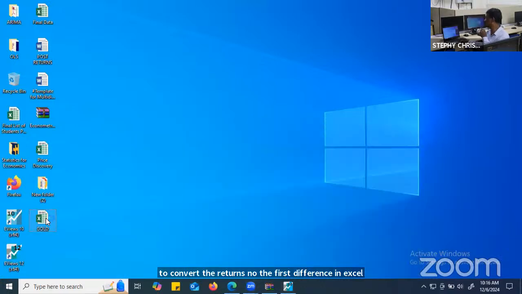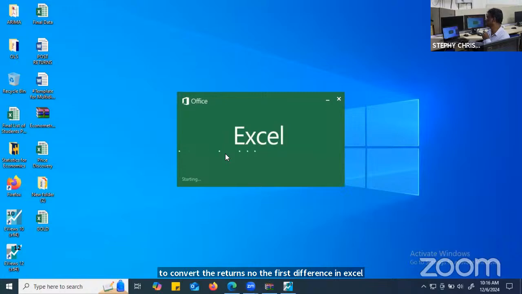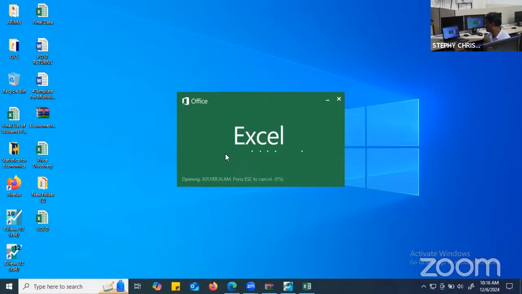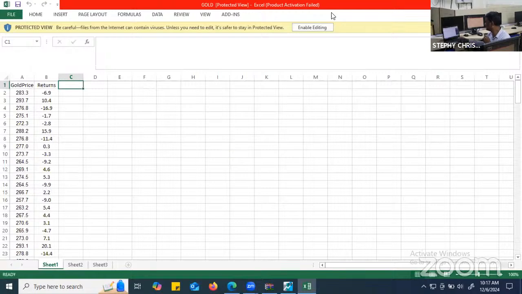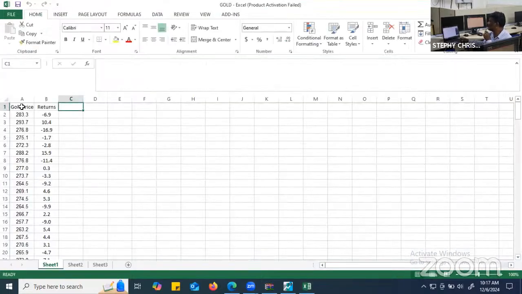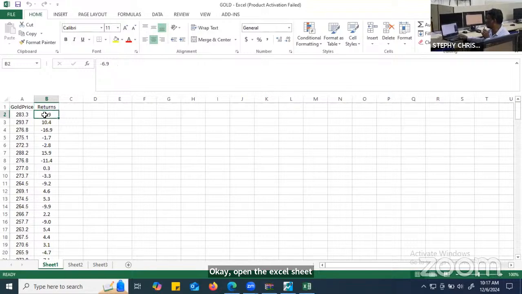Open the Excel sheet. Okay, gold price. This is return. So how to do it?